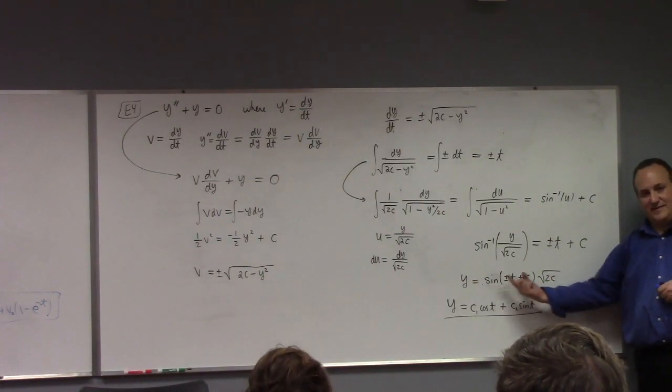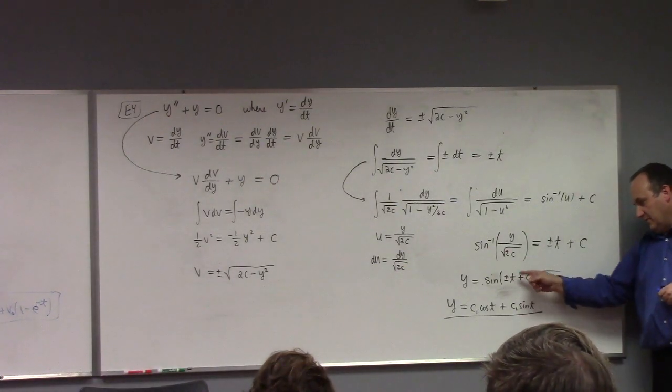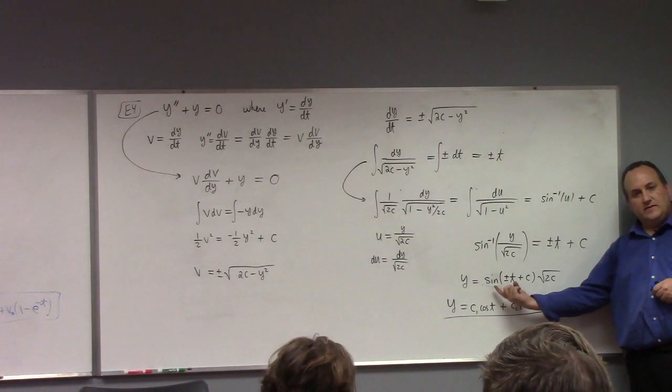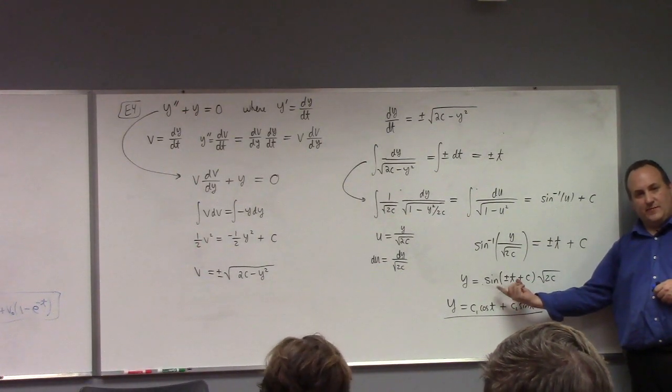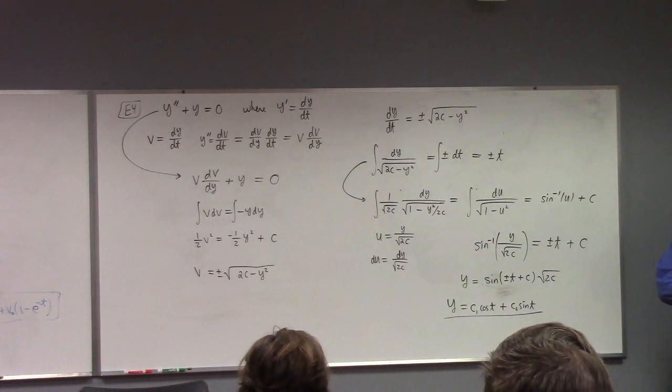I mean, you don't want to write your answer like this. This is horrible. But this is just some trigonometry to go from here to here. Because we can use the adding angles formula for sine and cosine, and the plus and minus pulls out in that process and gets you to there.